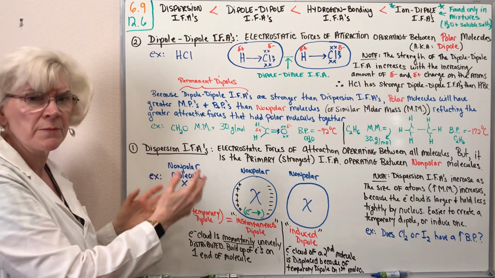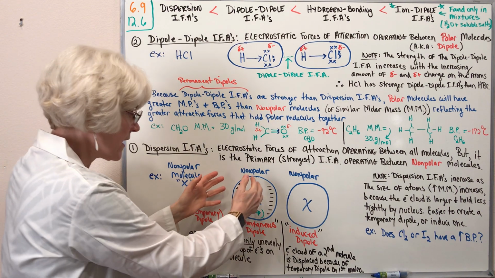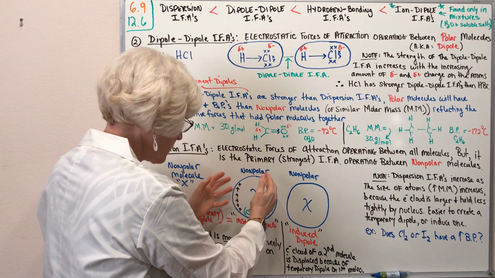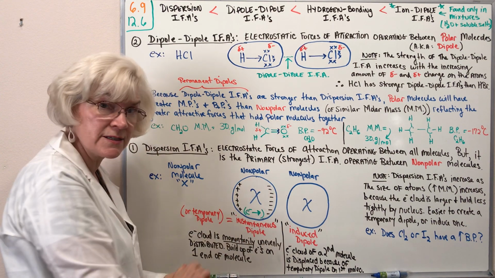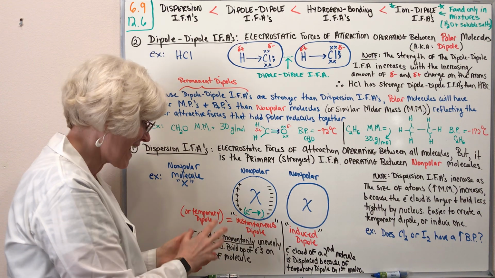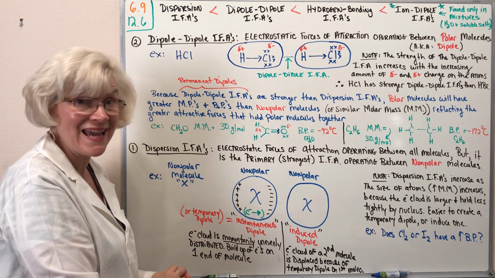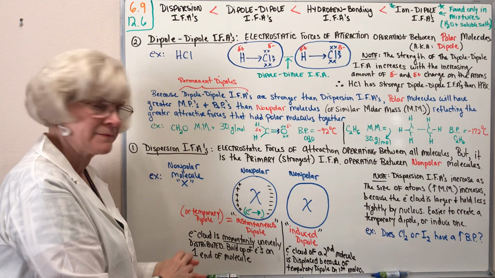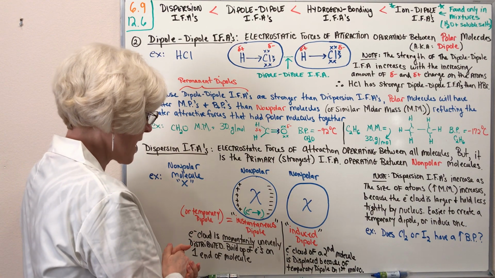So X just represents any nonpolar molecule. Here I've drawn a nonpolar molecule, X, and I'm trying to illustrate what we refer to as an instantaneous dipole, which is also known as a temporary dipole. And what are we talking about here with an instantaneous or temporary dipole?